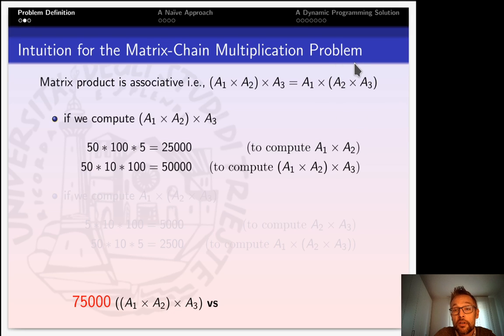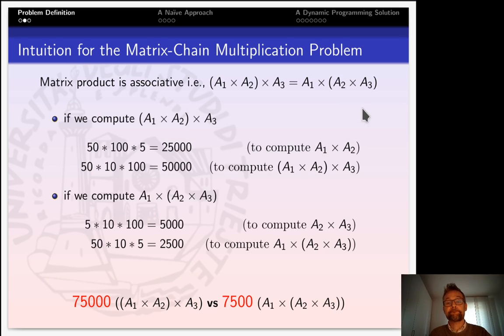What about the other parenthesization? What's the number of scalar multiplications, multiplications among numbers, required to compute A1 times parenthesis A2 times A3?